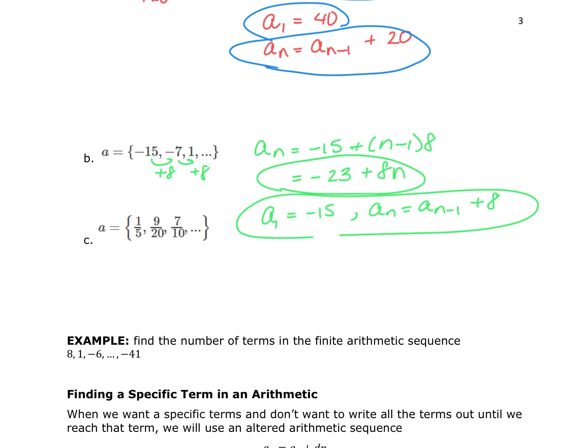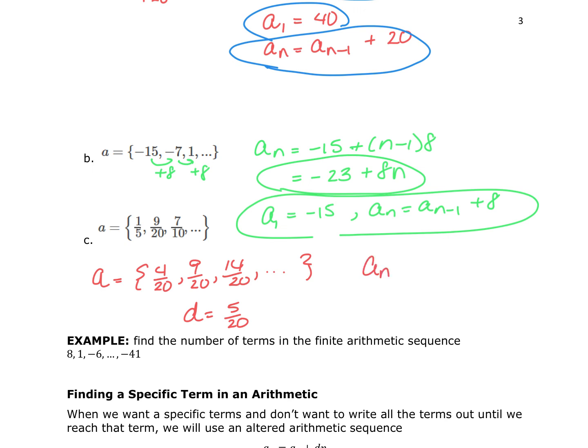So let's make these a common denominator and say a is equal to, and common denominator is 20. So I have 4 over 20, and then 9 over 20, and then 14 over 20. Now you can see that each one is moving up by 5 over 20. So our common difference is 5 over 20.